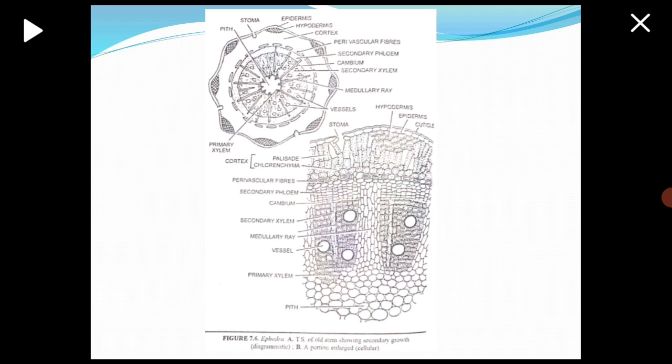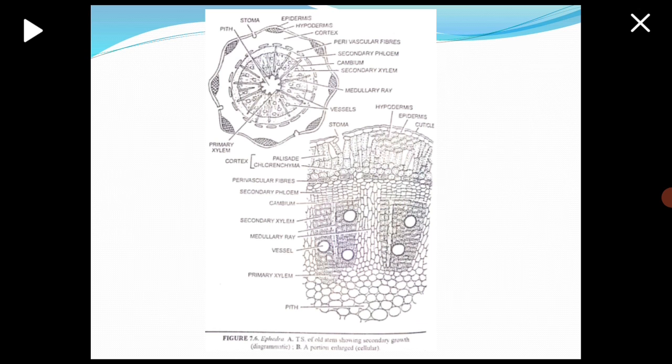It begins with the formation of interfascicular cambium in the region of broad primary medullary rays. The strips of interfascicular cambium join with the persistent fascicular cambium to form a complete ring of cambium.